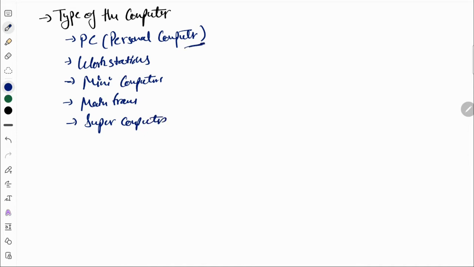Personal computer. It is a single user computer system having a moderately powerful microprocessor. Workstations.